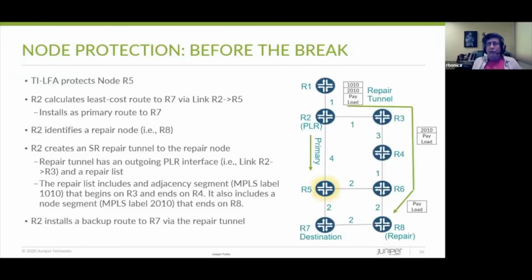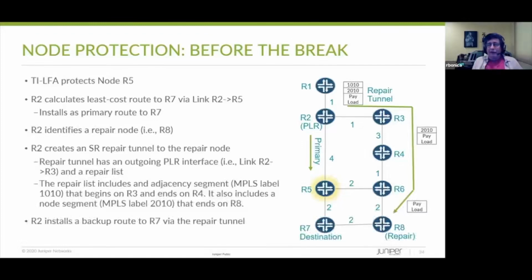So what does this repair tunnel look like? Well, R2 creates a repair tunnel to the repair node. The repair tunnel has an outgoing PLR interface, that's the interface to R3, and it has a list of adjacency segments, MPLS, it has a repair list.